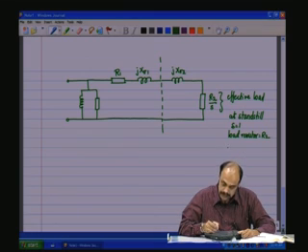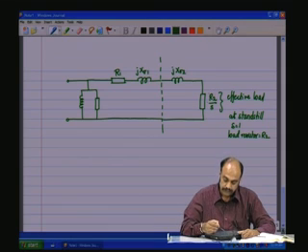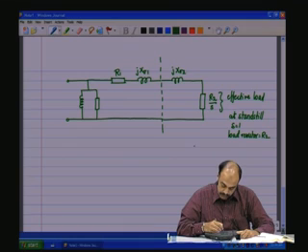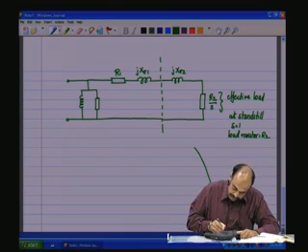As S decreases, you will see that this portion starts increasing, and for the same current that will flow, you have more power which comes into effect, that is I square R. But if you look at the actual operation, in the induction motor characteristic we have something like that.